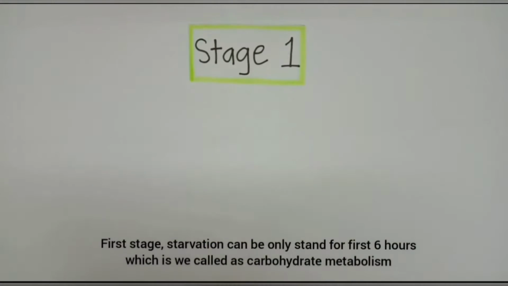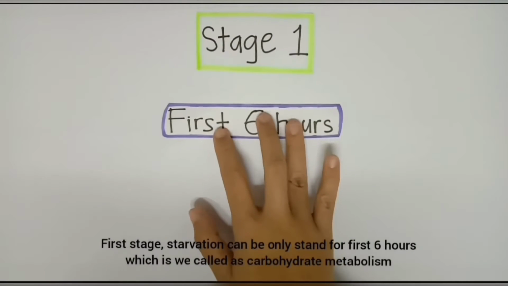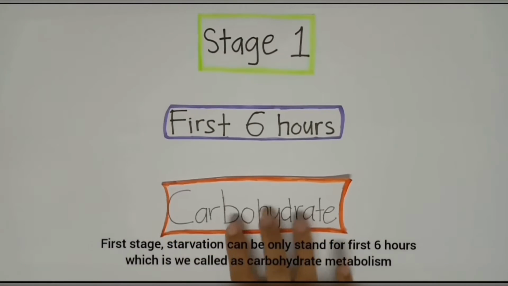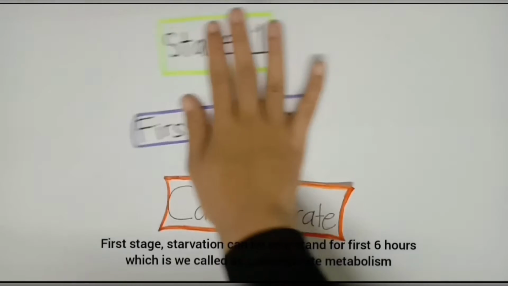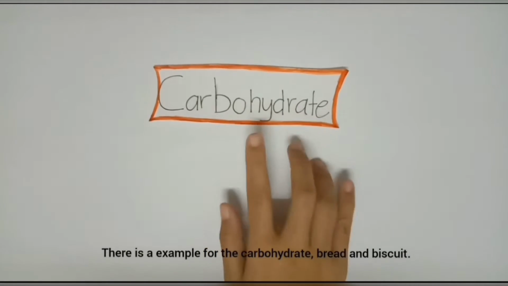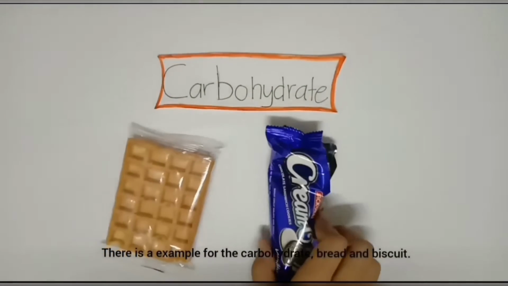The first stage of starvation can only last for the first 6 hours, which we call carbohydrate metabolism. Examples of carbohydrates are bread and biscuits.